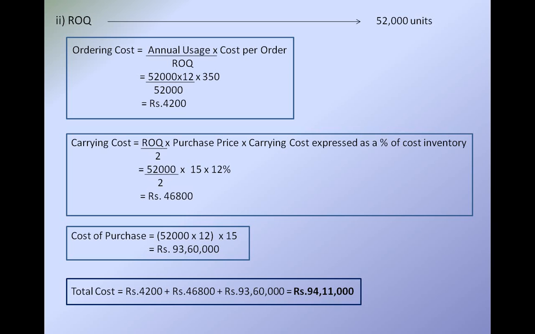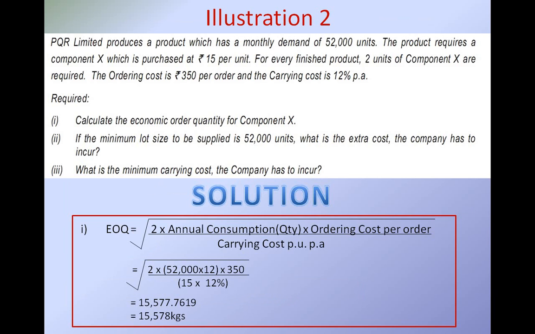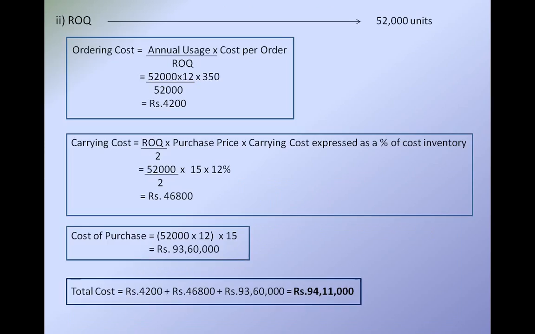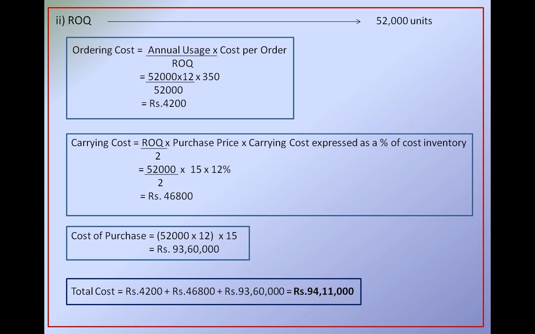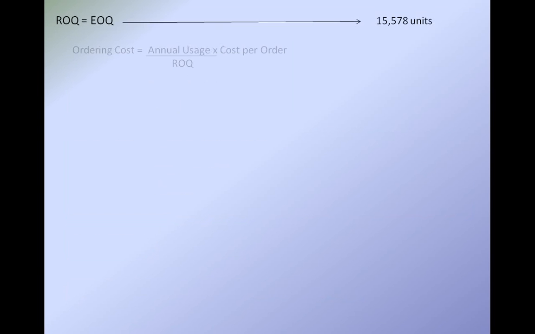Next, we'll find out when the reorder quantity was 15,578, the lowest possible, the economic order quantity, which would make the ordering cost and the carrying cost as low as possible. So when the reorder quantity is equal to the economic order quantity, which is 15,578 units, the ordering cost using the formula is 14,020.